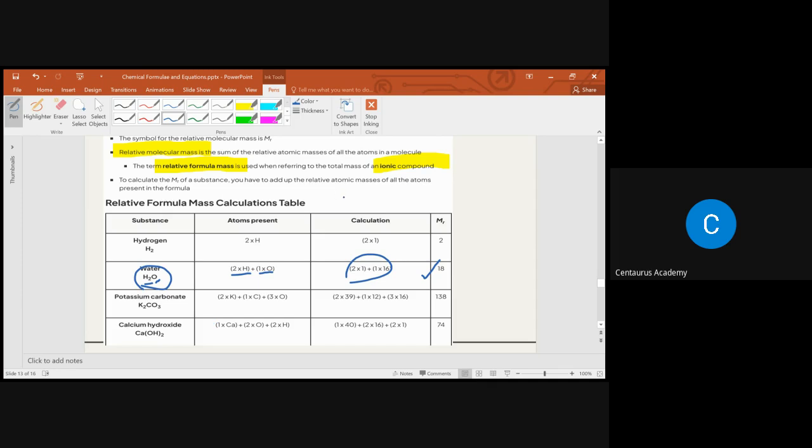For instance, let's take magnesium nitrate. Can someone find out the Mr of magnesium nitrate? How many magnesium atoms do we have? 1. So the Ar of magnesium, the relative atomic mass of magnesium, is 24.